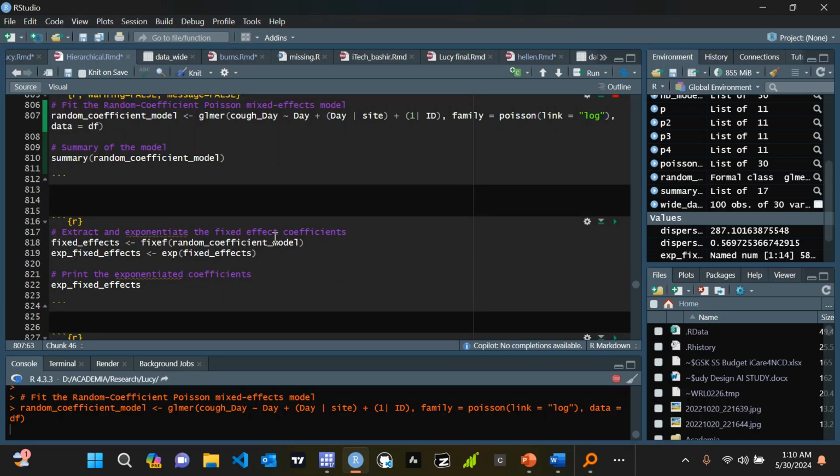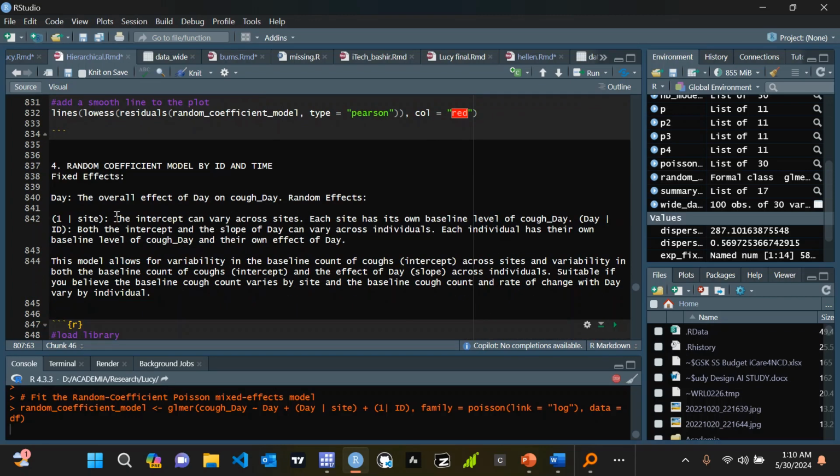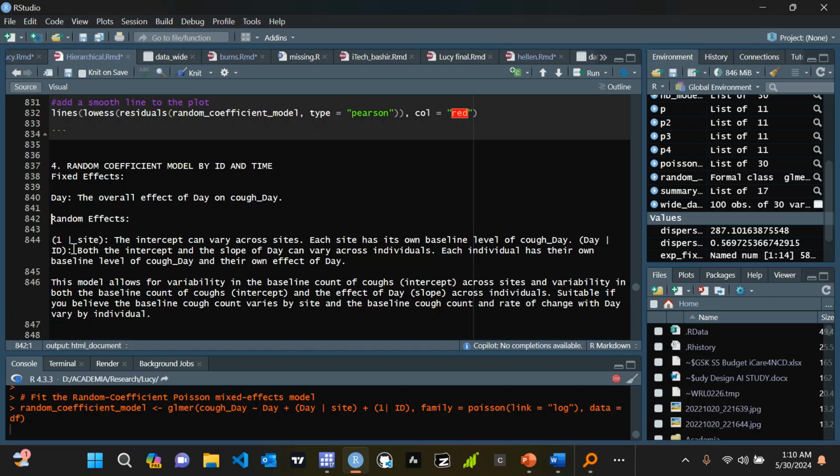So what was I explaining? The second kind of model is the random coefficient model by ID and time. Here we fix day, or the effect of day on cough, and we give the random effects as site and ID, and both day and ID. It means that both the intercept and slope of day, which is the days from 1 to 14, can vary across individuals.